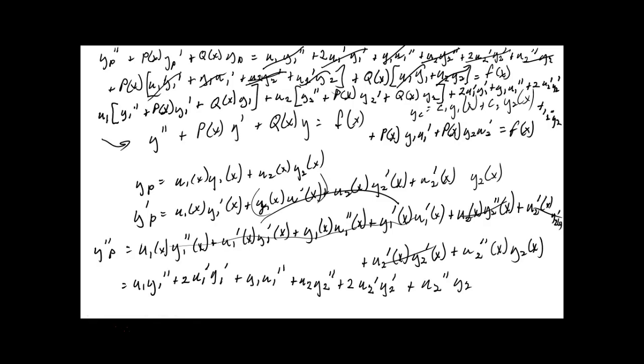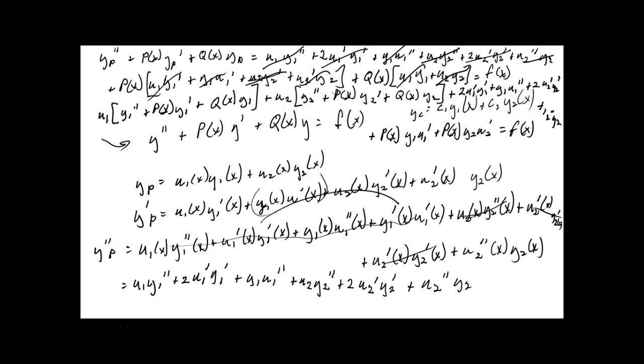All right. Now, here's where the kind of magic happens. Remember that this was your complementary solution. F of x equal to 0. C1, which is now U1, Y1, plus C2, Y2. And that's when this is equal to 0.